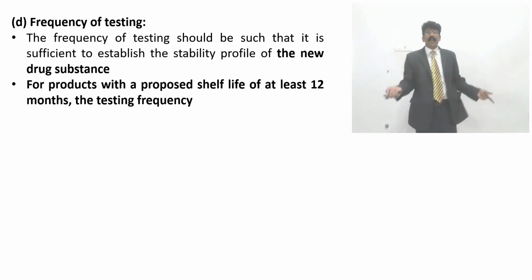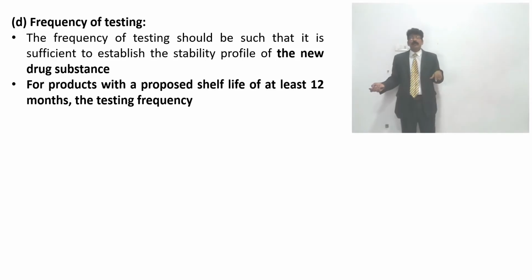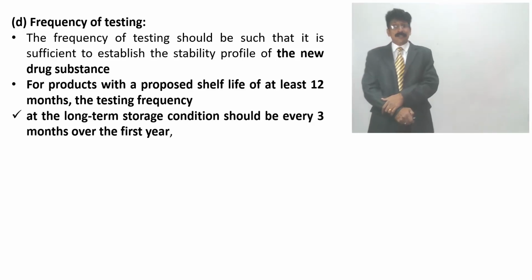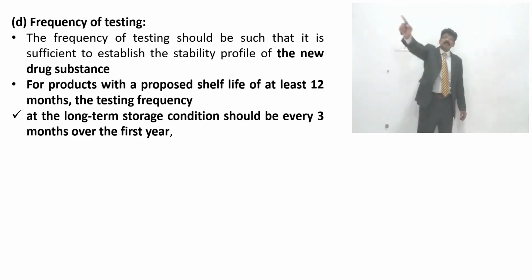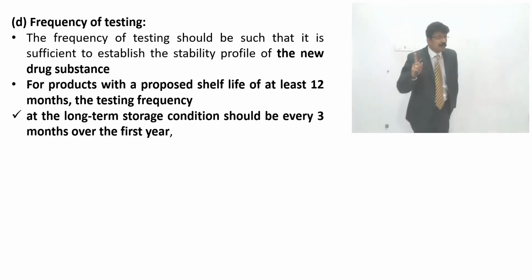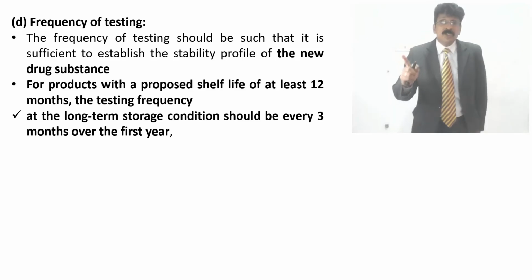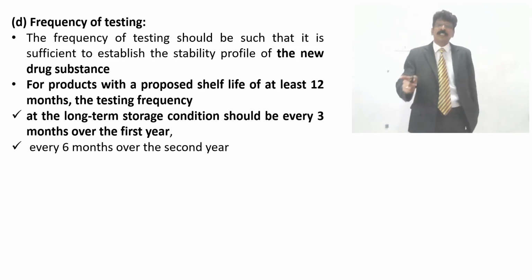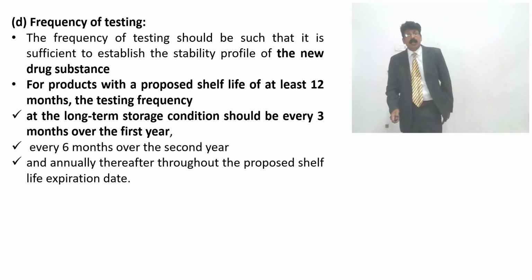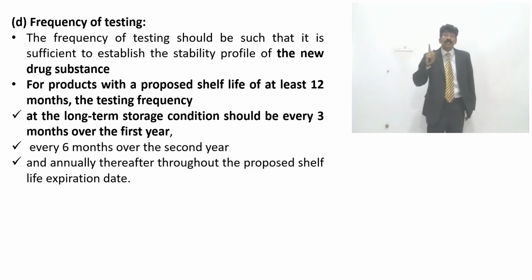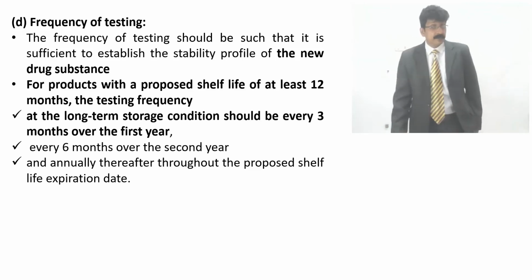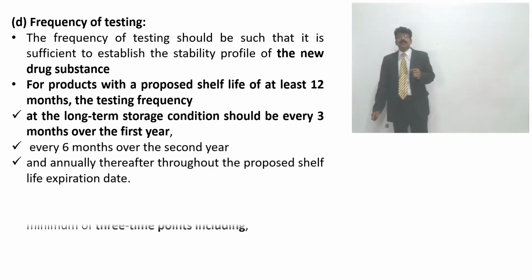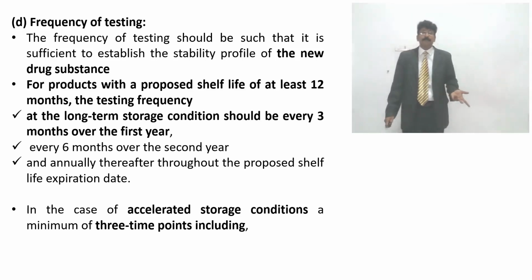For a product with a proposed shelf life of at least 12 months, at a long-term storage condition, the testing should be every 3 months over the first year, and every 6 months over the second year, and annually thereafter throughout the proposed shelf-life expiry date. So suppose if it is the third year, you have to go for 3 years. Usually nowadays they make it 2 years maximum. 3 years also available. Even 5 years also available.